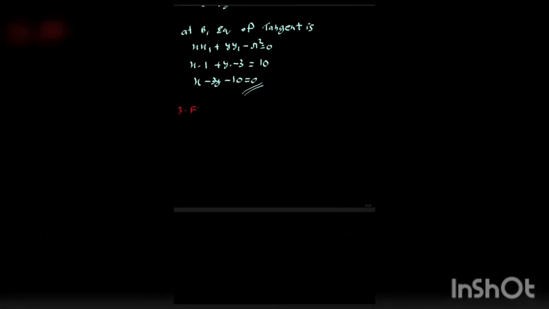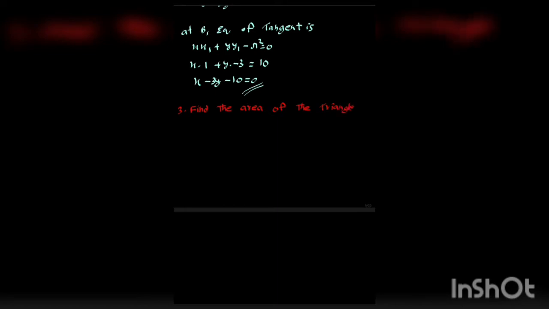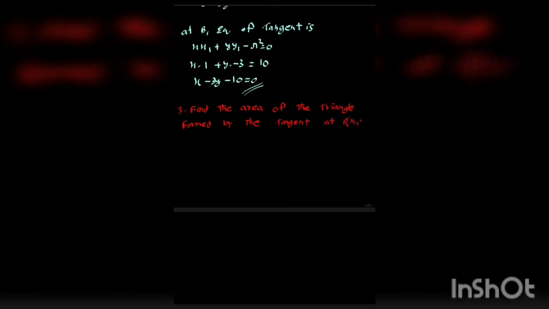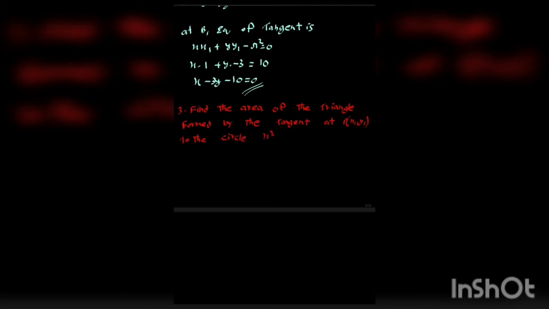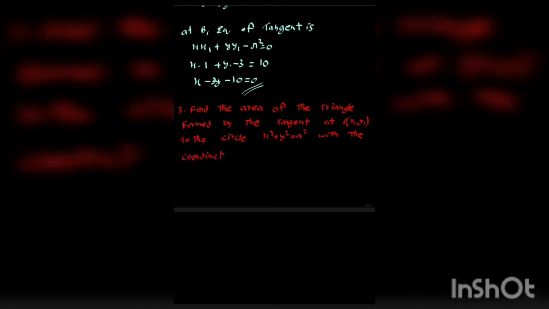Third one. Find the area of the triangle formed by the tangent at P x1, y1 to the circle x square plus y square is equal to a square with the coordinate axes, where x1, y1 is not equal to 0.